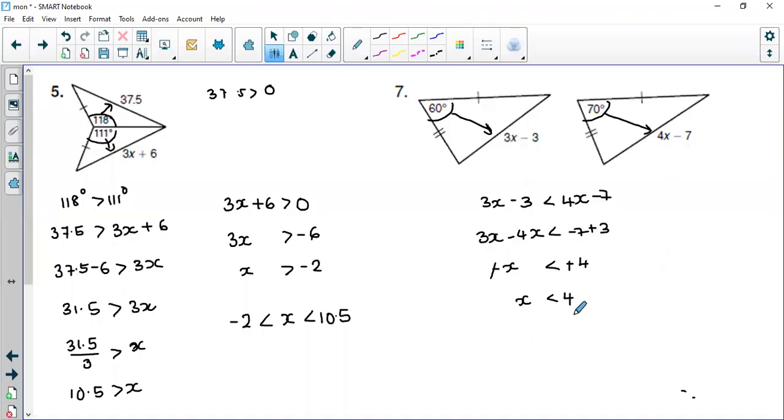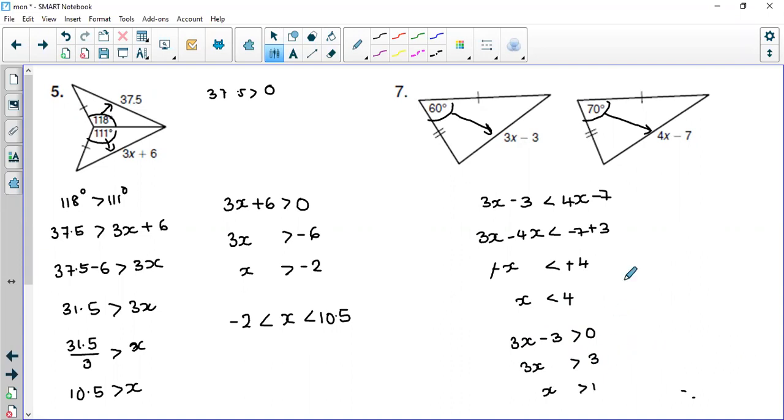So let's write this as 3x minus 3 is greater than 0, which means 3x is going to be greater than a positive 3, because when the negative 3 goes to the other side, it becomes plus 3. 0 plus 3 is going to give you a 3. And then x is going to be greater than 1. 3 divided by 3 is 1.